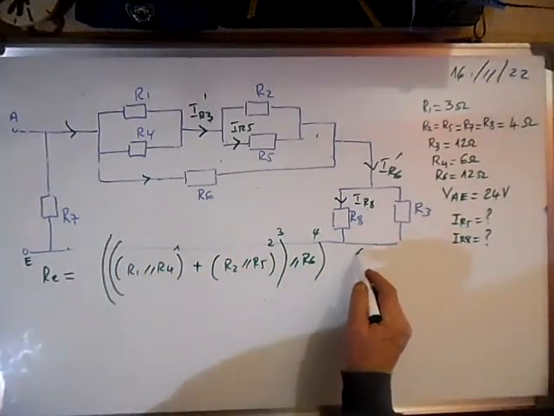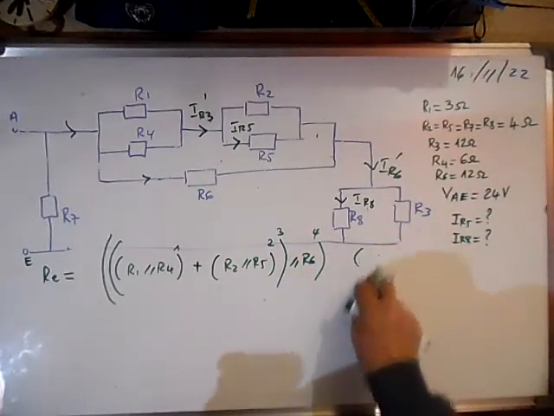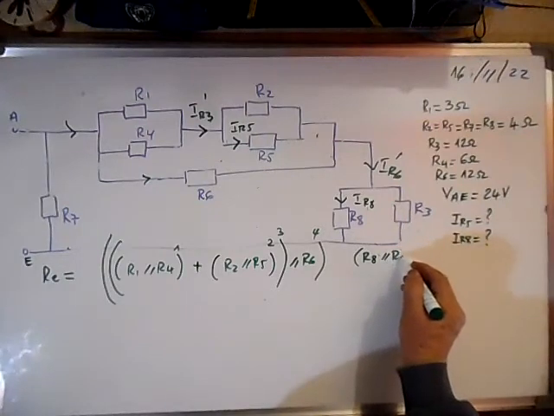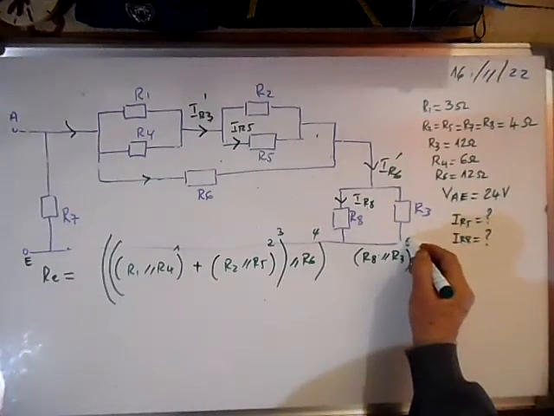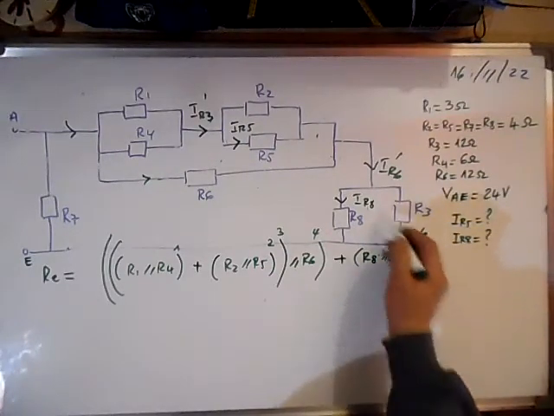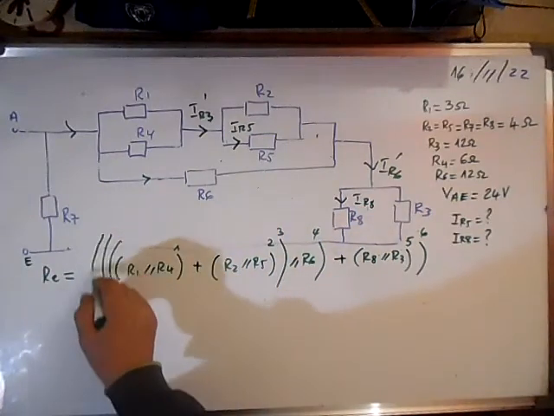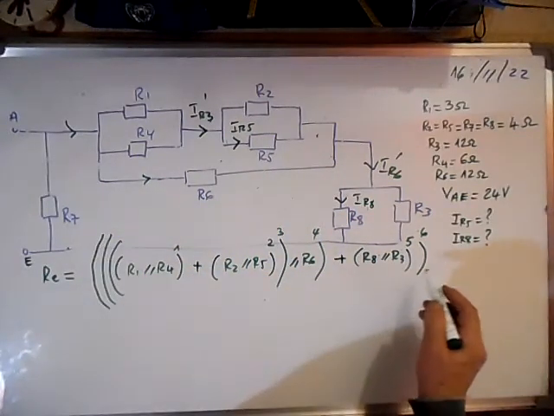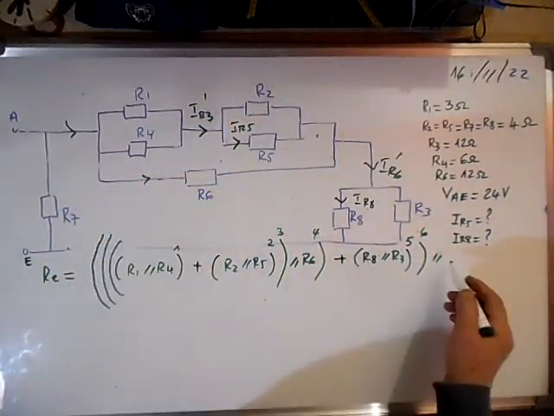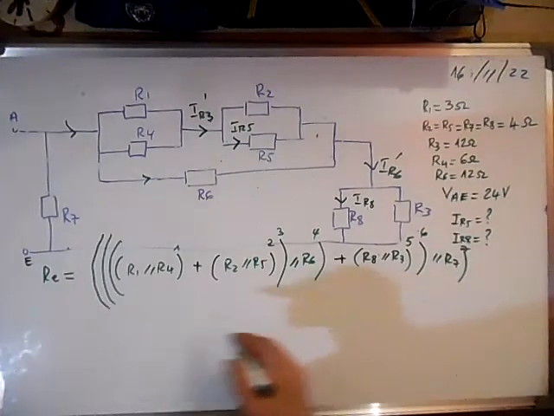Fifth step, R8 is in parallel with R3. Sixth step, they are in series with this, which I will call R4 prime, and later the whole is in parallel with R7, and this is our equivalent resistance.